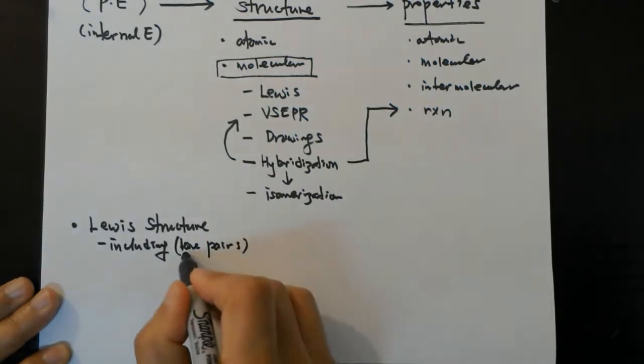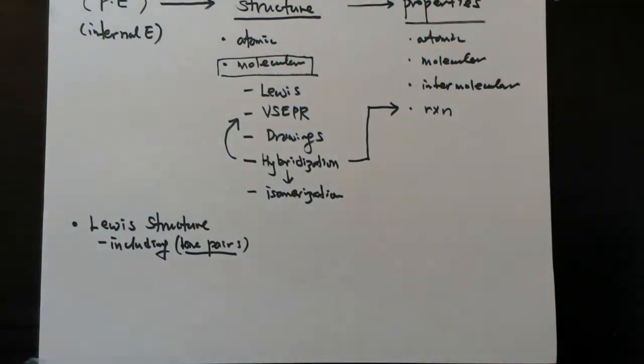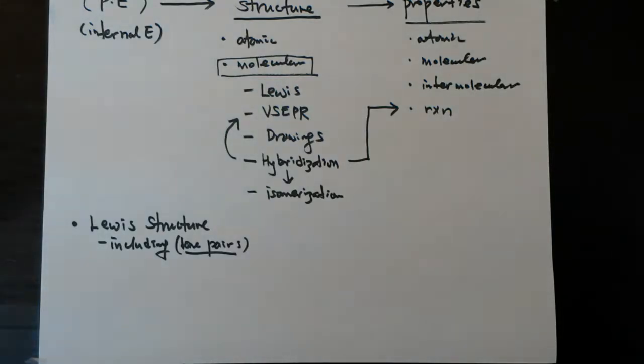Now that's what people forget the most, and that's the reason people mess up in determining the correct type of hybridization.